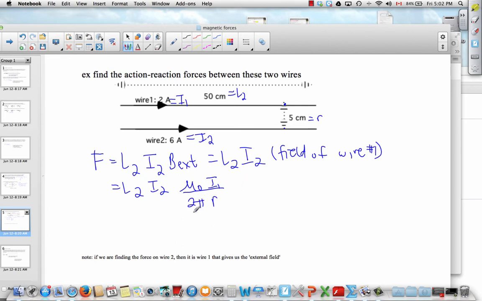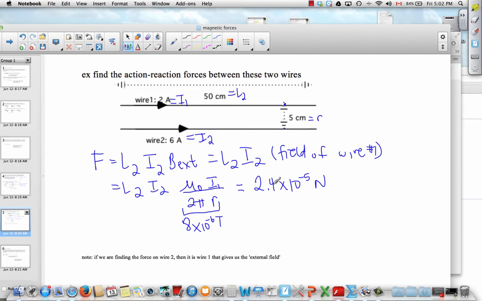If you substitute that in and work out this field separately, it works out to be 8 microteslas. So 5 centimeters away from a 2 amp current, the field is 8 microteslas. If you then multiply by the 50 centimeter length and the 6 amp current, you get 24 micronewtons of force on this second wire.